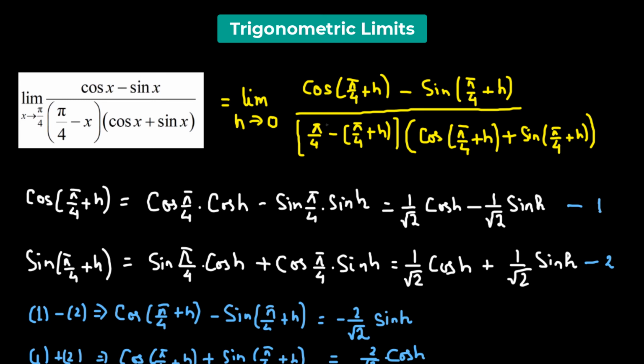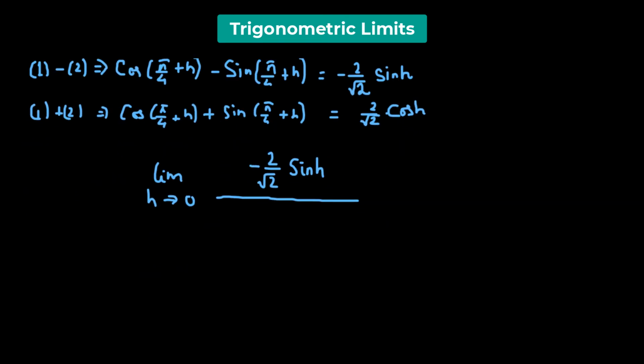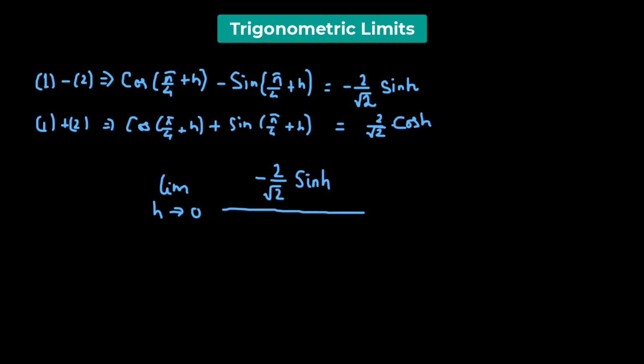Here the pi over 4 and pi over 4 will get cancelled, leaving us with negative h in the denominator, multiplied by equation 1 plus 2. So we have 2 over square root of 2 times cosine of h.